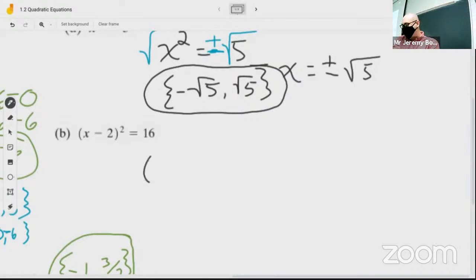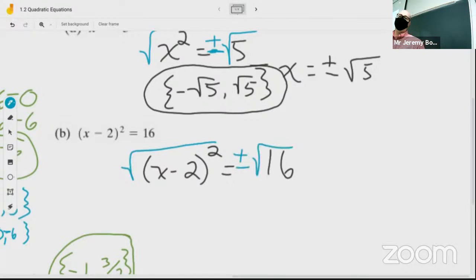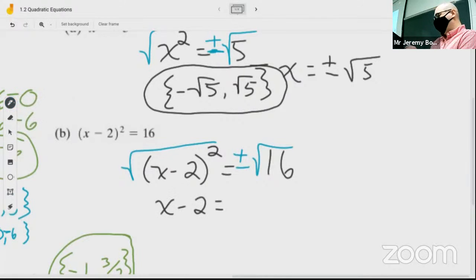We'll take the square root of both sides. The side opposite the variable, remember, is plus or minus the square root of 16. And so what we end up with is x minus 2 is equal to plus or minus, what's the square root of 16? 4.